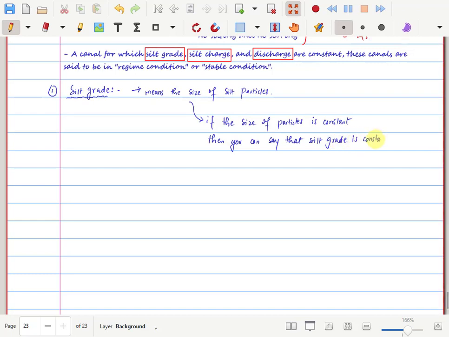Got it? That means that each and every particle size will be same. Like if the particle size is this one, then the other particle size will be same as size of this particle. Okay, let's say they are same.